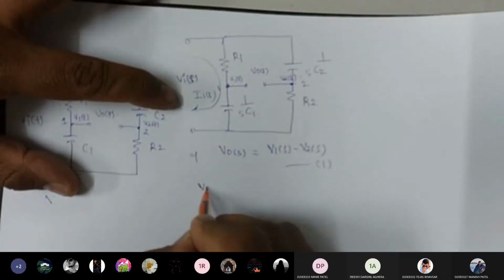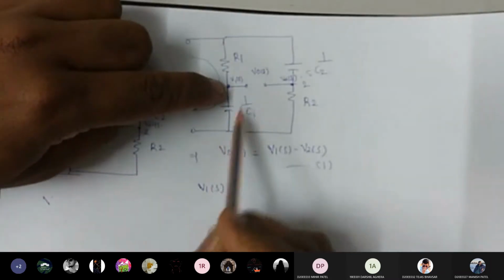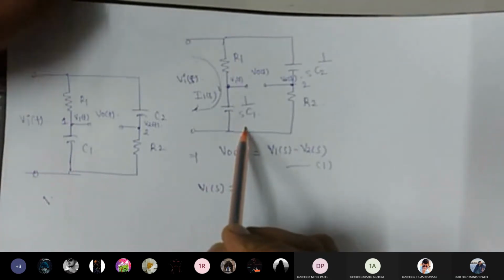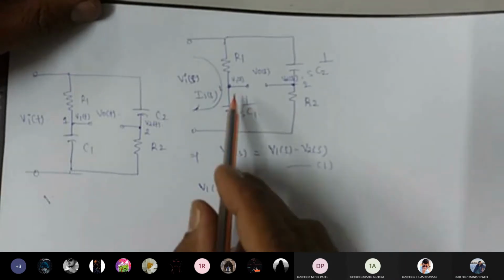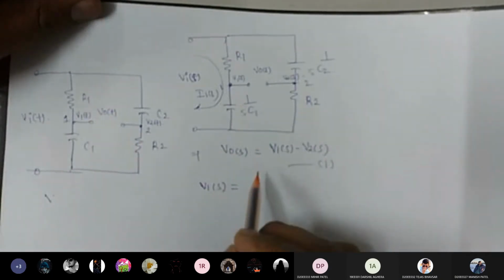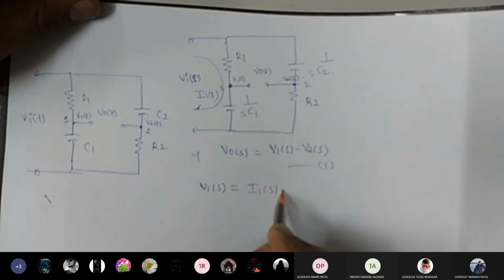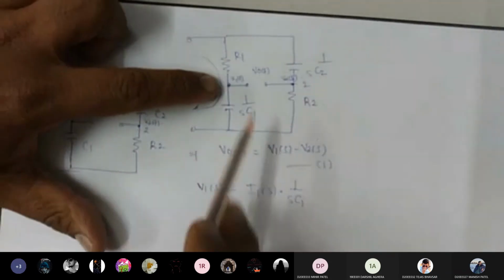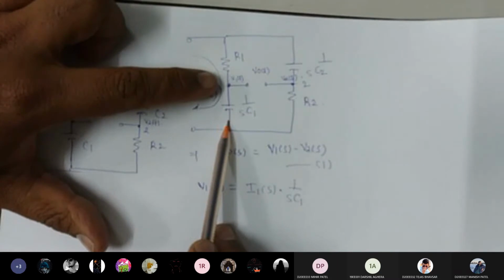V1 of S is the voltage drop across the capacitor. The voltage drop across the capacitor is nothing but the current into the impedance. What is the current? I1 of S into 1 upon SC1. Can I write it like this?